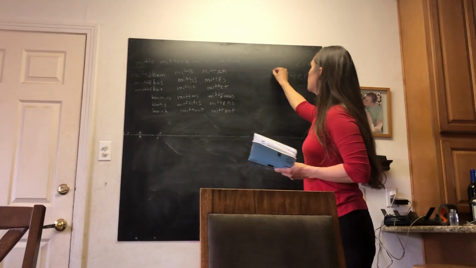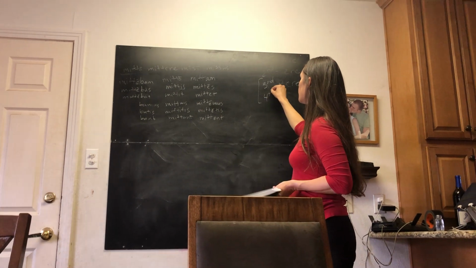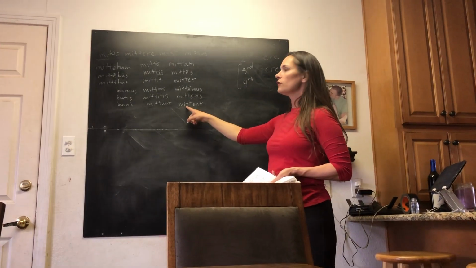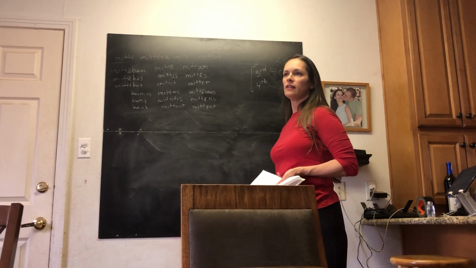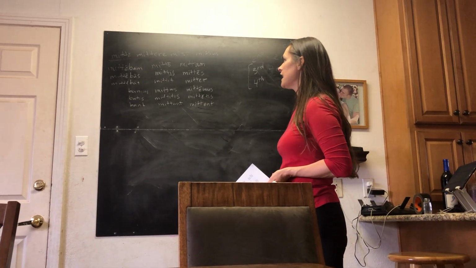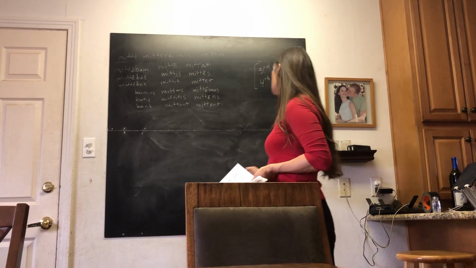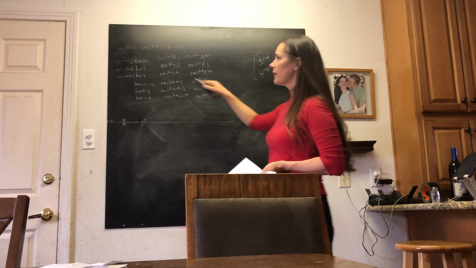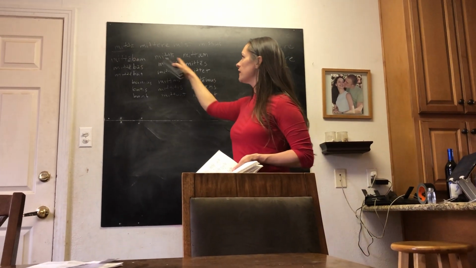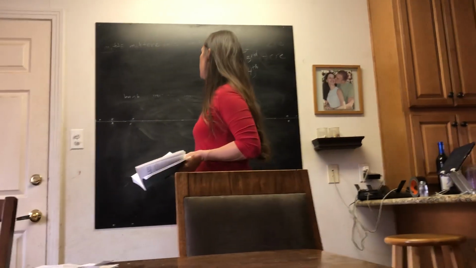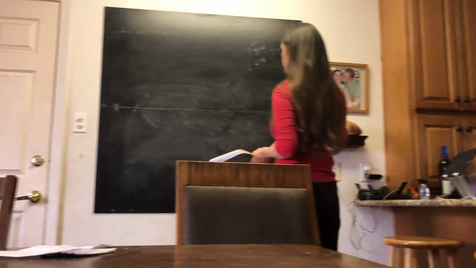Future tense for third and fourth conjugation verbs has its own special endings: am, es, et, emus, etis, ent. Future tense only. Okay, so that is our past imperfect, present, and future. Now the perfect system, misi.